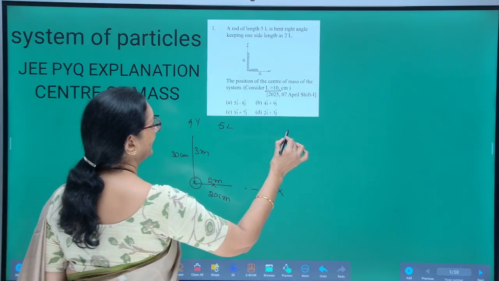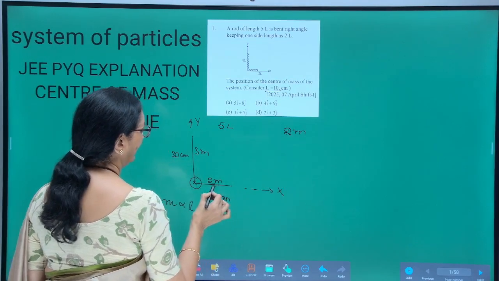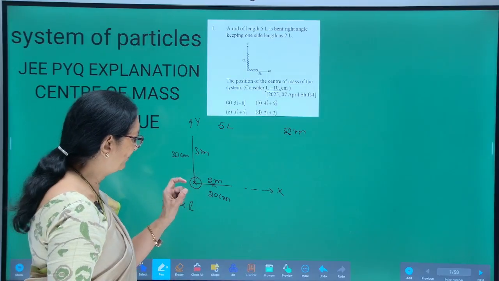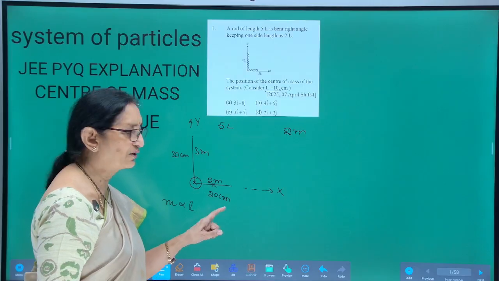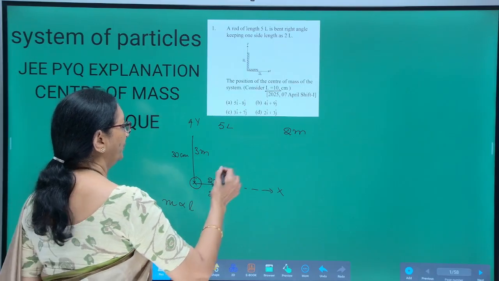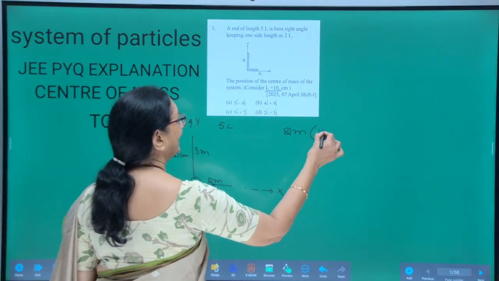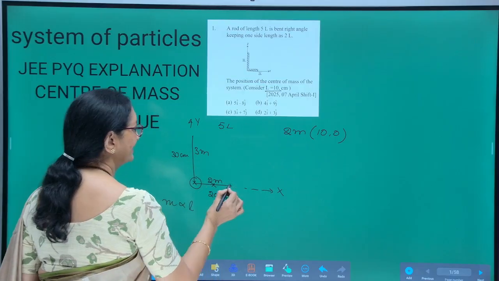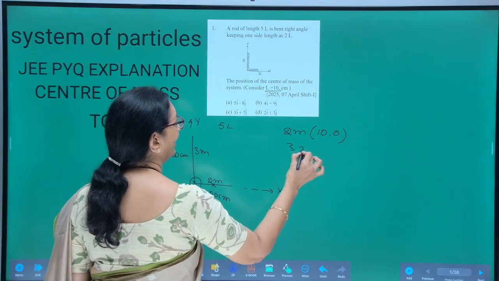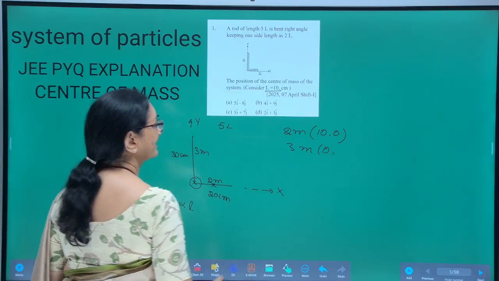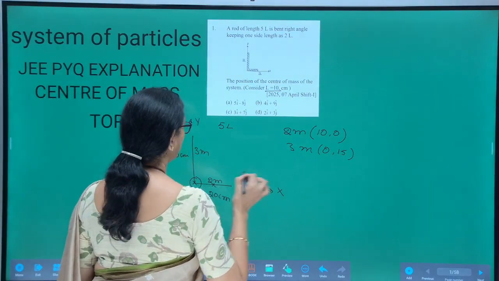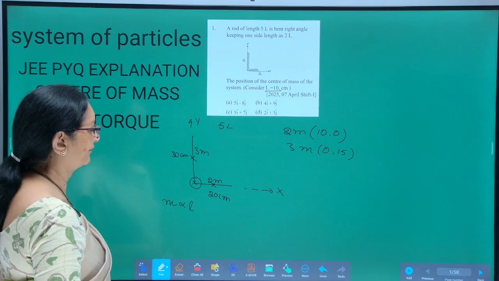We consider this portion of the rod as a body whose mass is concentrated at its center, that is at center of mass. So, 2m has coordinates 10, 0 because it is along x axis and this 3m is along y axis. So, it has coordinates 0, 15 because its center of mass will be at the center of the rod.